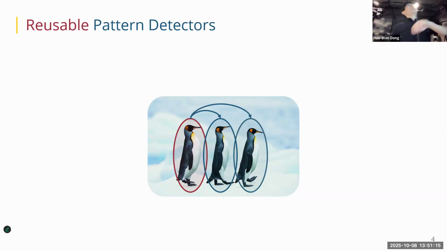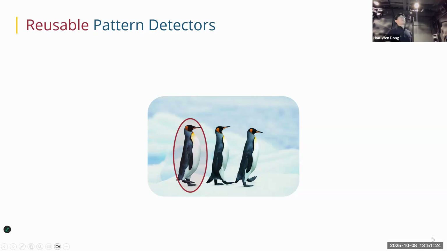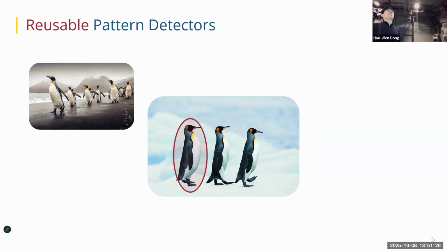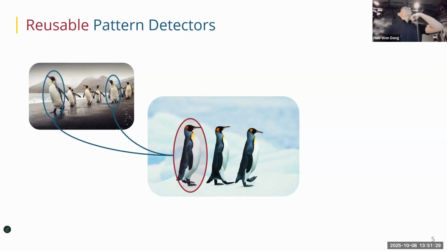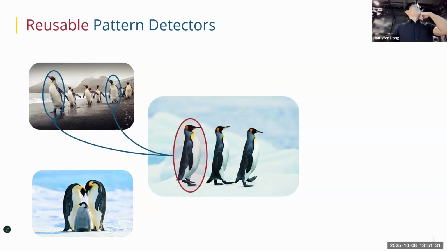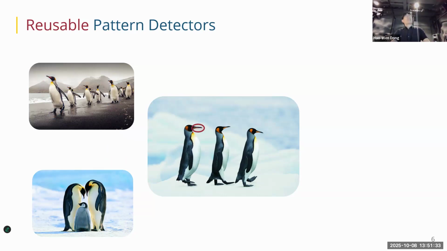If you can learn a detector for the penguin, you should be able to apply it to other penguins in the same image, but also to penguins in other images. At the same time, there are different scales of detectors. Sometimes the beak is important to identify whether it's a bird or not, so that you can classify it as a penguin.